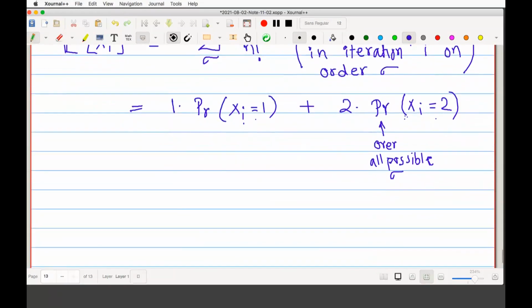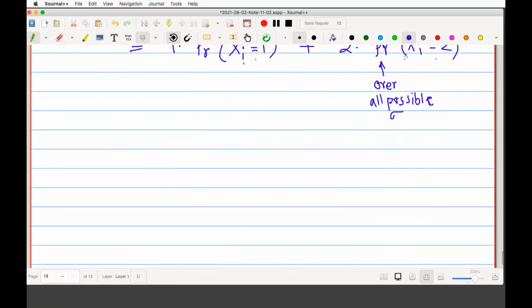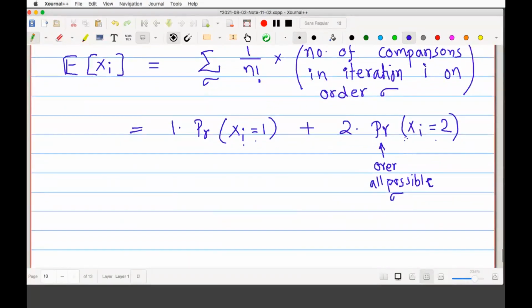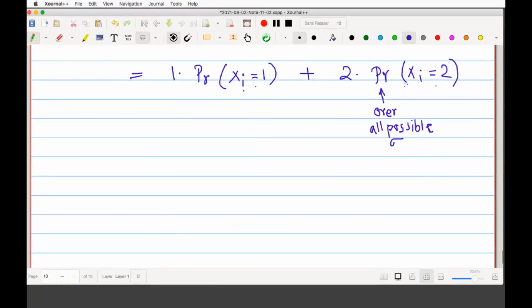Okay. Now we have one task left, which is to compute the probability of xi equal to 1, or let's go for the probability of xi equal to 2. How to compute that?